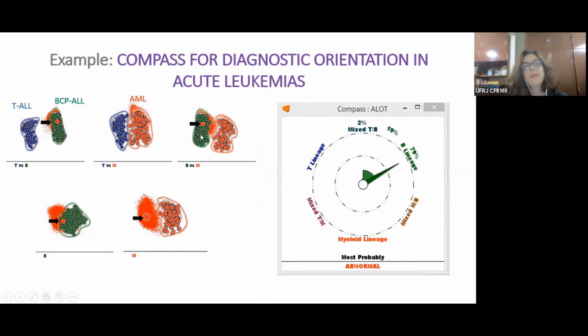When I compared B with myeloid, they fit in B, but some events are outside the B cell database. And when we compare our case with B cases only, we have part of the population inside the B cells and part outside. And when we compared our case with myeloid cases, it's completely outside.